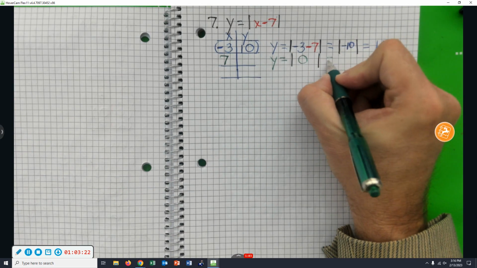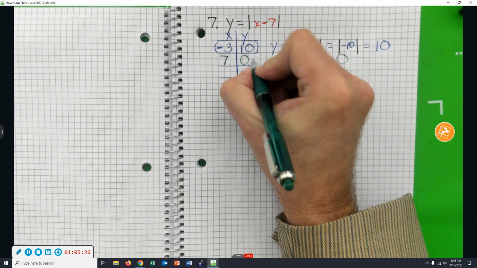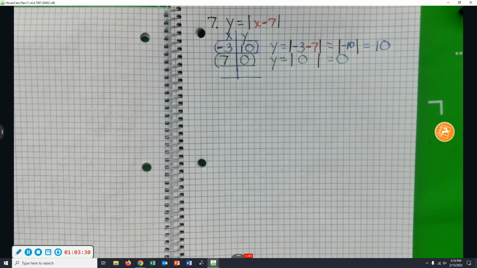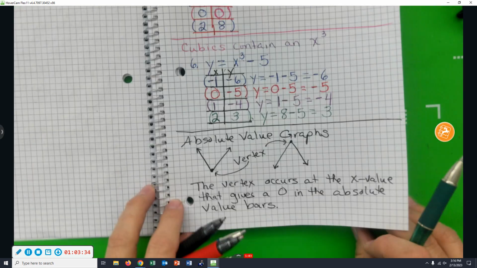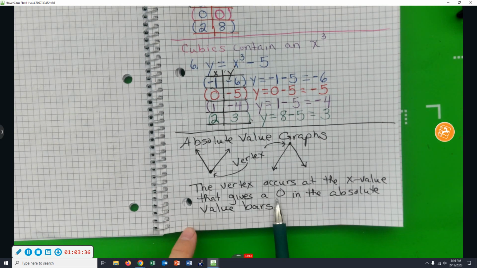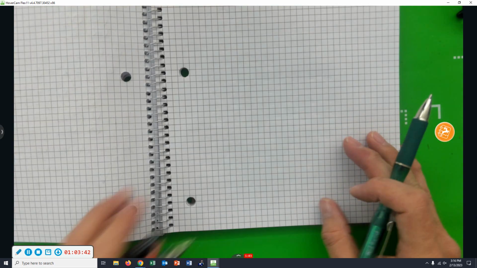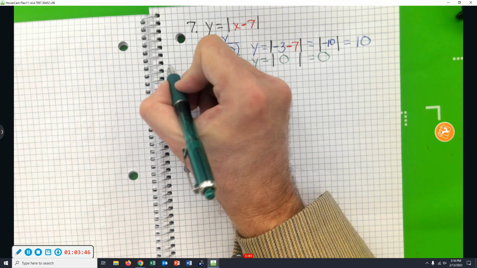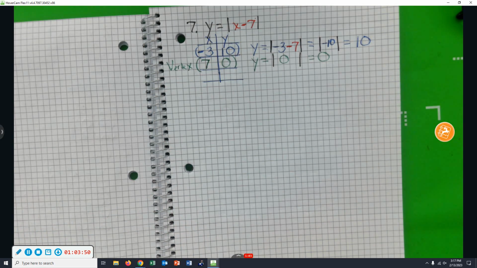So it'll still be 0. Going back to something I said a few minutes ago, the vertex occurs at the x value that gives a 0 in the absolute value bars. This green point right here is the vertex. That's going to be significant.